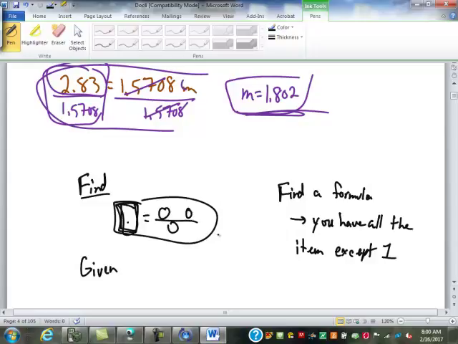But sometimes it's not that easy. As we saw here, sometimes you have to look up the formula for one of the givens, and then what you're looking for is actually an item in the formula, so you have to solve the formula for that item. Other times, as we saw in some of our other examples, you don't have one of the numbers you need, and none of the other formulas work, so you actually have to figure out if you can calculate that missing piece from the other information you have.